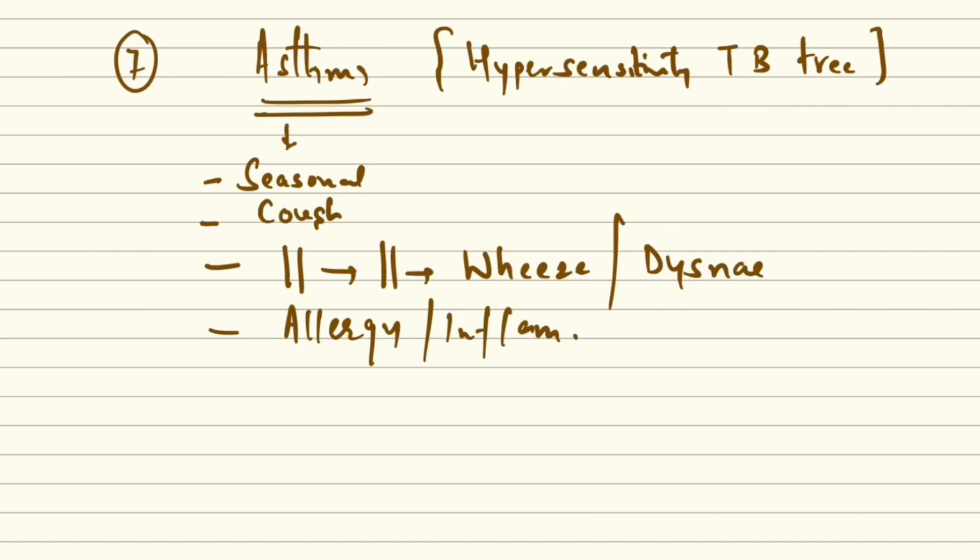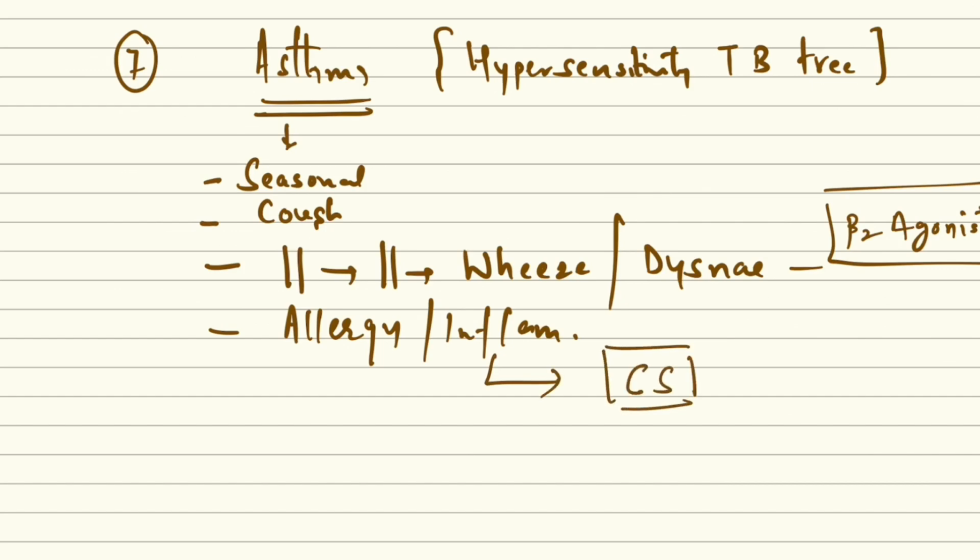So for cough in a patient with asthma, we need to treat their allergies, inflammation, and the bronchospasm component. For bronchospasm, we give a beta 2 agonist in the form of salbutamol. Then for their inflammation, we have drugs like corticosteroids. We will advise the corticosteroid to control their inflammation.